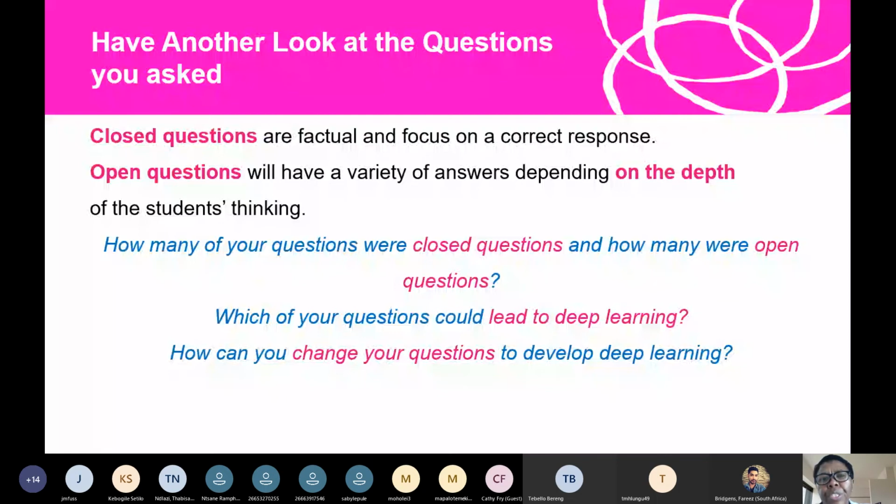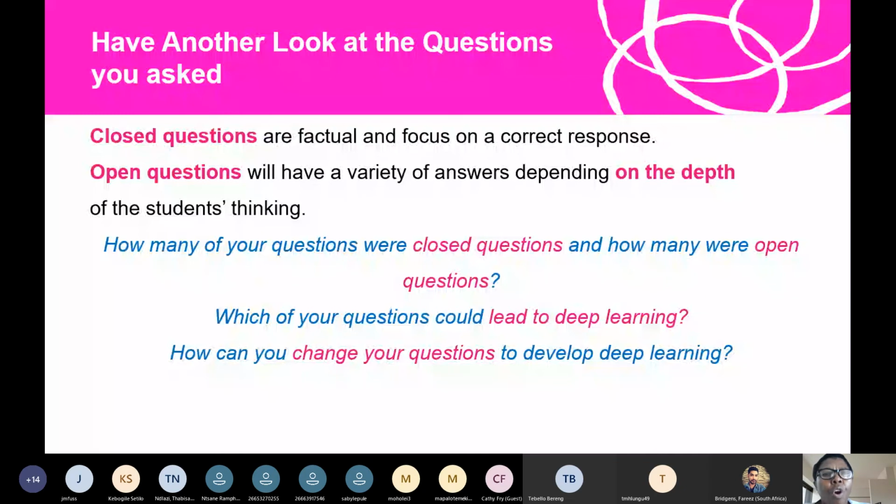And open questions have answers depending on the depth of the student's thinking. It's very important as educators that when we ask questions, we understand that there are closed questions that have one answer or a yes or a no, and there are open questions that have a variety of answers.